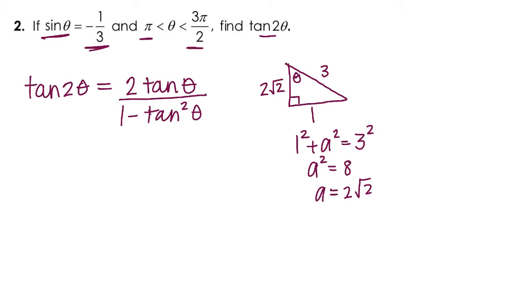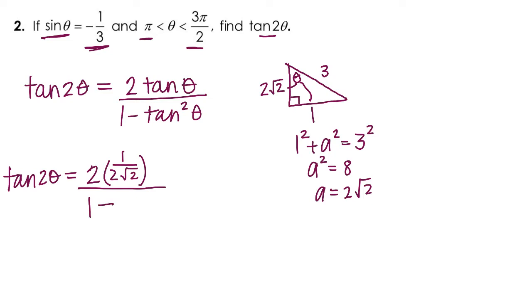All right, so we're now ready to come back over here. Tangent 2 theta is going to be equal to 2 times, well, tangent theta. Remember, tangent is going to be opposite over adjacent. So that's going to be 1 over 2 root 2 over 1 minus, and then tangent squared, so that's going to be 1 over 2 root 2 all squared.